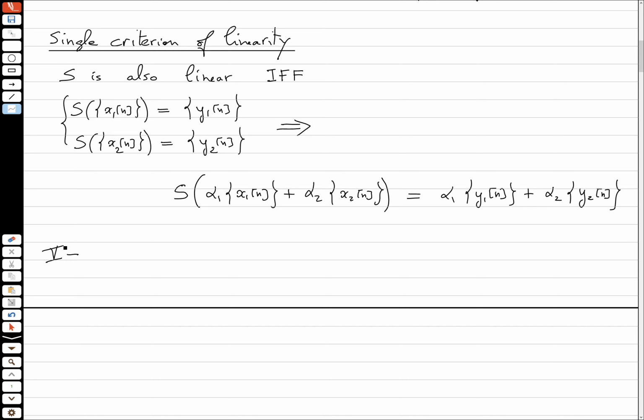So it's very clear that you want to have a system that is both linear and time invariant. That is clear. But there's another reason why we want to study systems that are both linear and time invariant.